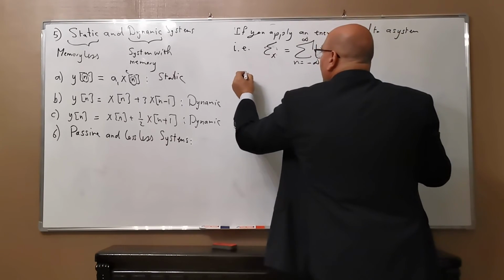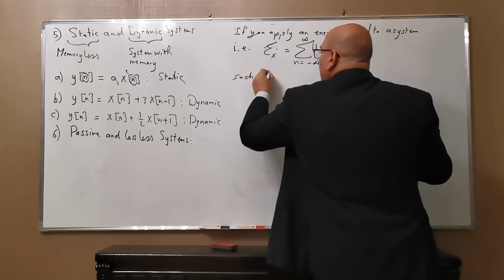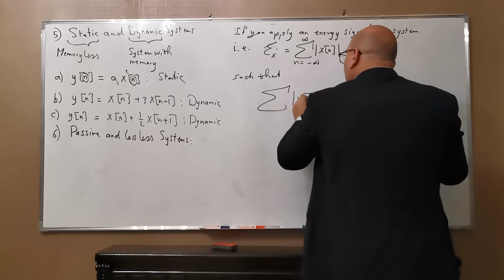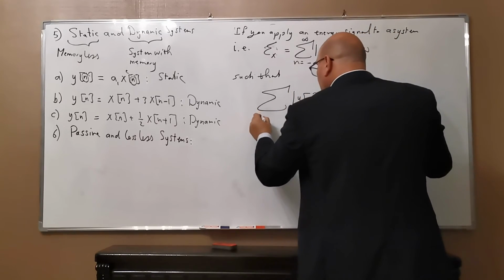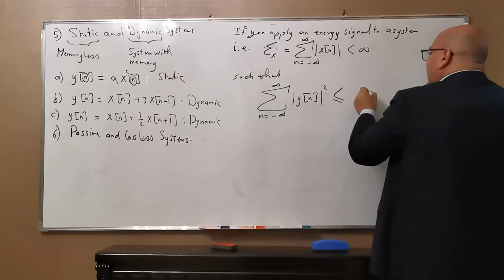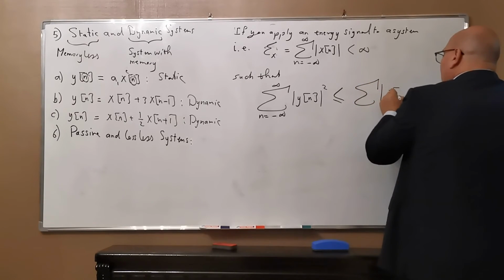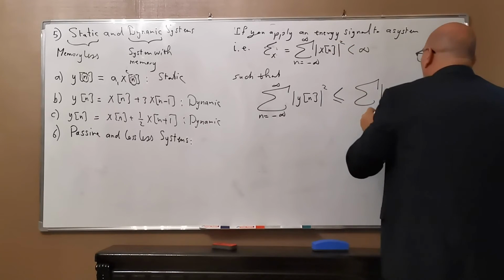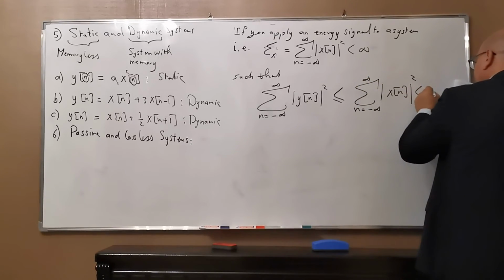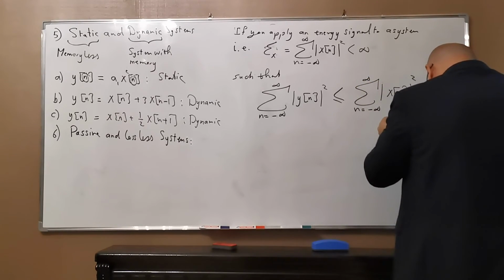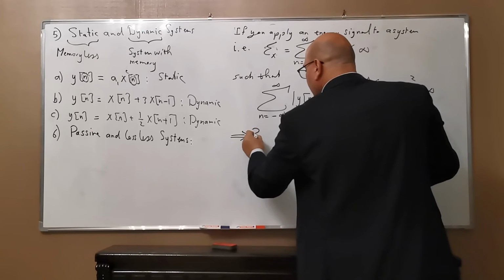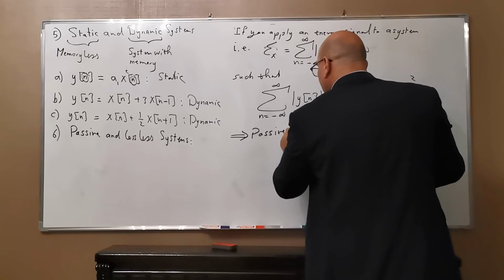And you get such that the summation of y of n magnitude squared from n equals minus infinity to infinity is less than or equal to Ex, which is the summation of x of n magnitude squared from n equals minus infinity to infinity, less than infinity, then we call the system a passive system.